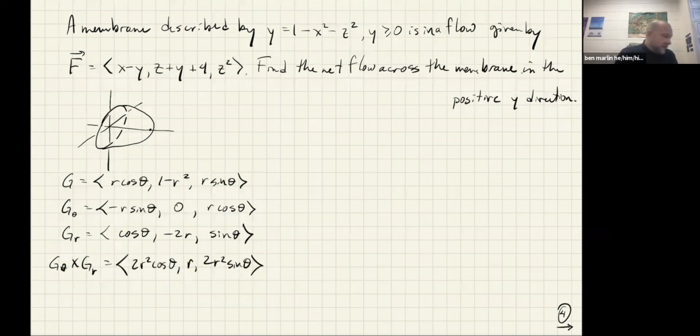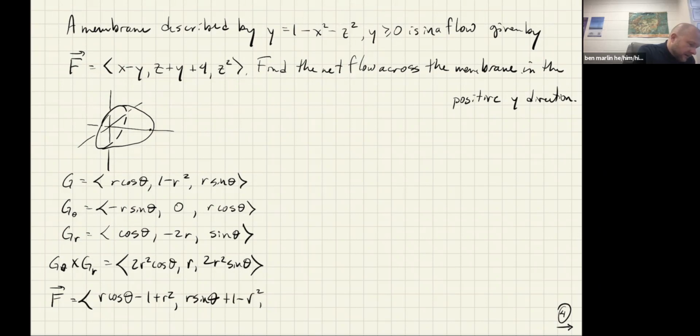All right. Then it's also helpful to say what our f is in terms of r and theta. The f that we're going to look at: x minus y, so r cosine theta minus, and the y is 1 minus r squared, and then z plus y, so r sine theta plus 1 minus r squared.